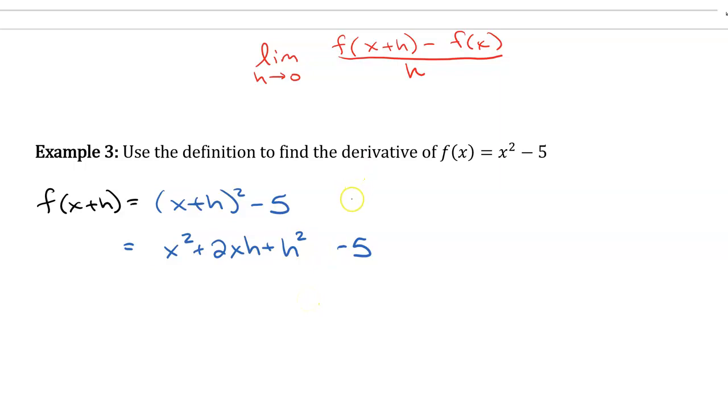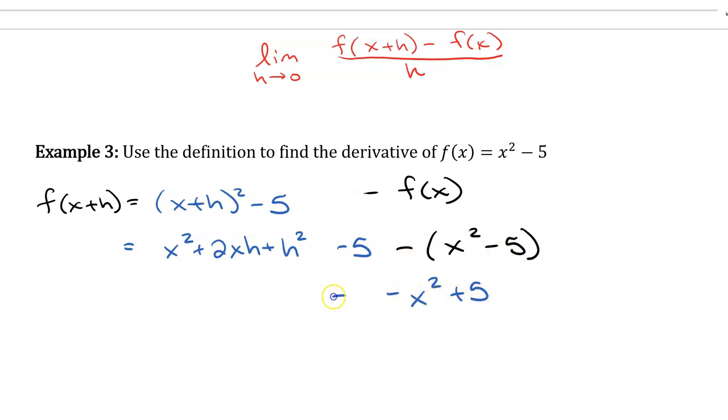Now we can subtract f of x. So that tells us to subtract x squared minus 5. Distribute the negative. Negative times a negative is a positive. At this point, you should be able to cancel things out. If you can't, you've made an oops in your math, go find it.